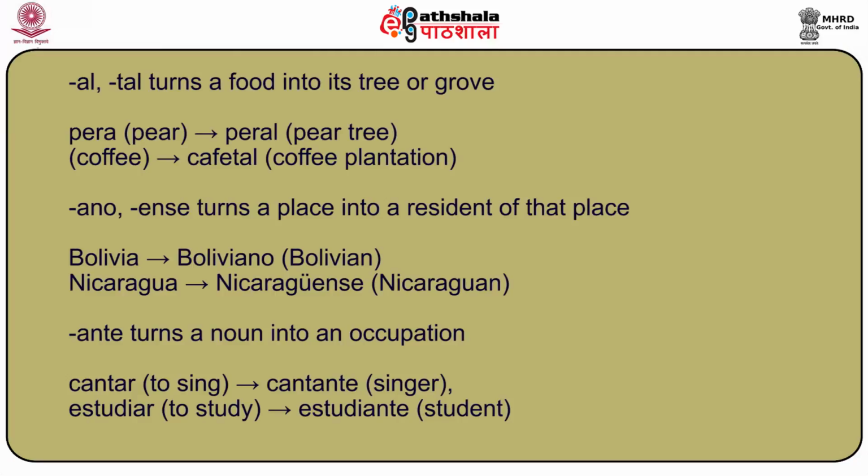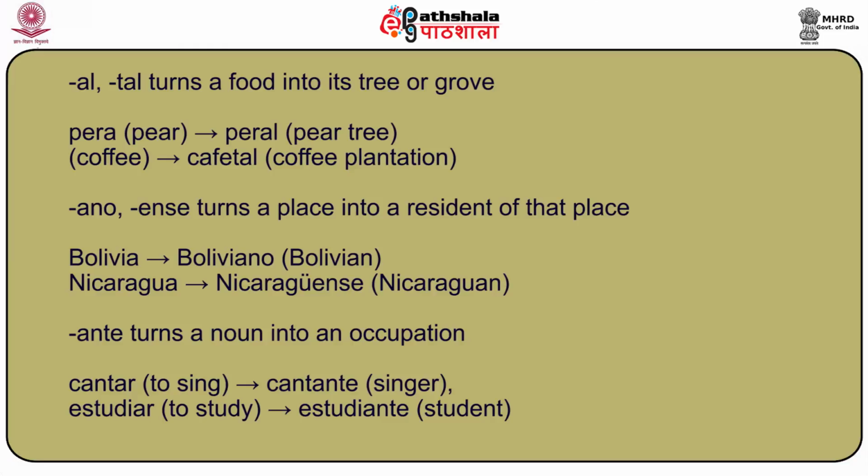Pera, pear, becomes peral, pear tree. Cafe, coffee, becomes cafetal, coffee plantation. So I repeat, al or tal turns the food into its tree or grove.